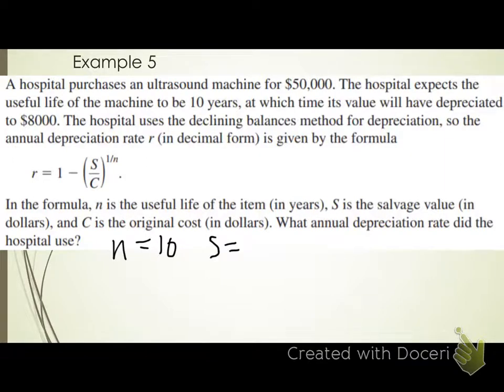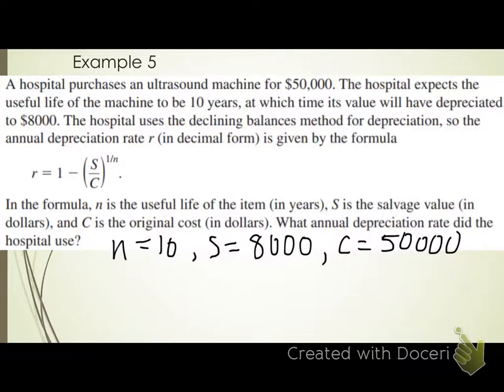Do I know the salvage value? I guess I could say the value after it has depreciated, $8,000. So I know my salvage value. Do I know my original cost? $50,000.